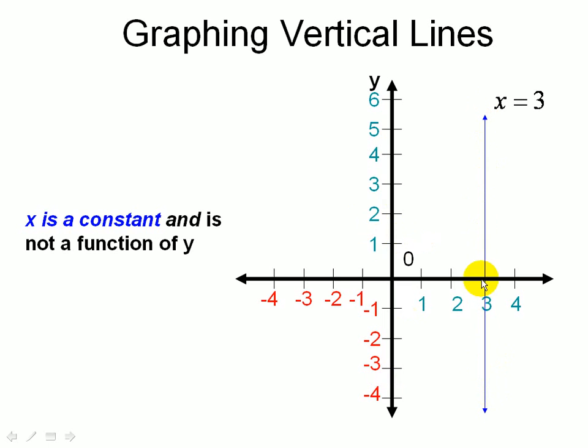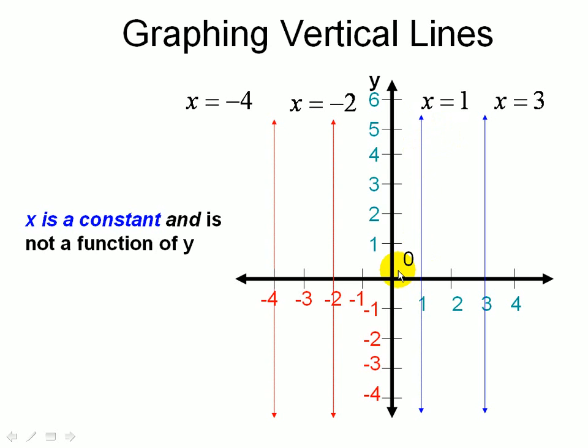And we see that no matter what the value of y is, x is a constant 3. Same for x equals 1. We still have a vertical line no matter what the y value is. And same is true with the negative x-axis, where x equals negative 2 and x equals negative 4. We have vertical lines.